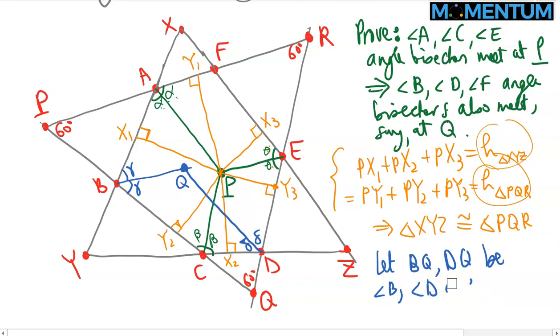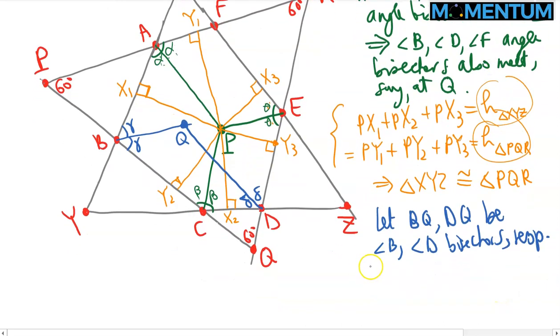The angle signs are already there, so let me just call it bisectors respectively. So the only thing remaining to finish the proof is to show that the F angle bisector also goes through that point. So show that FQ is an F bisector. That's it. Once we show that, we are done.